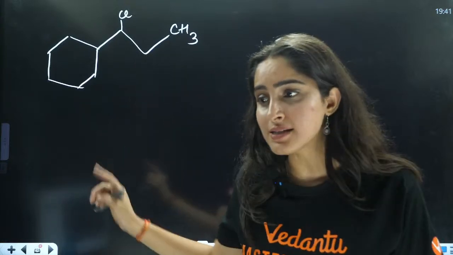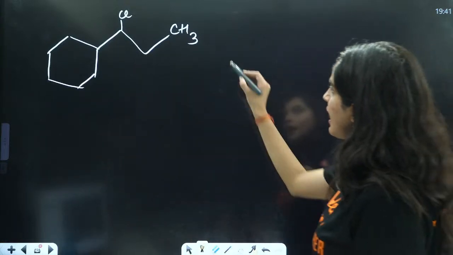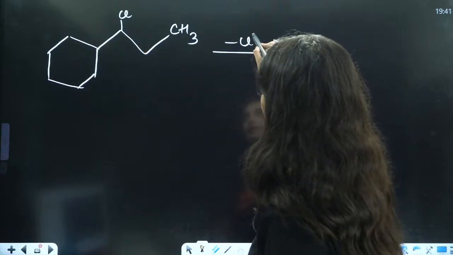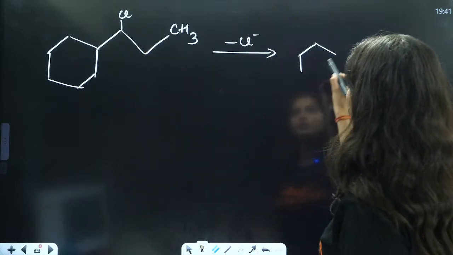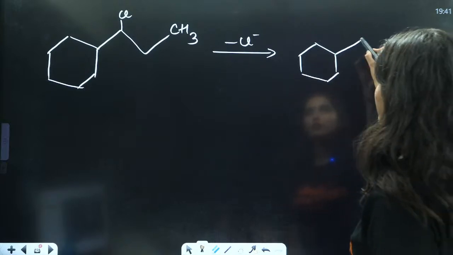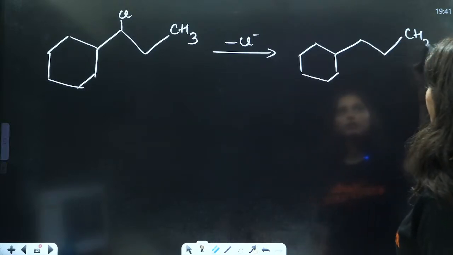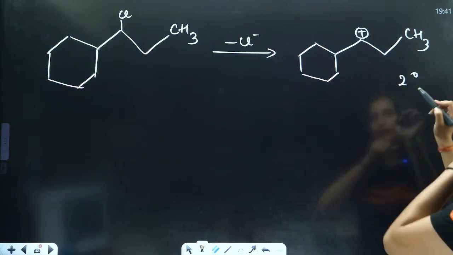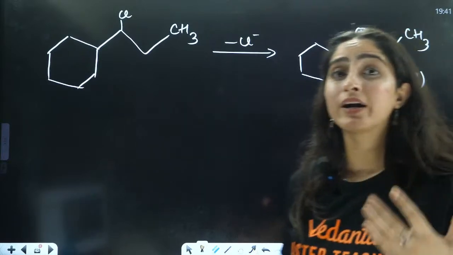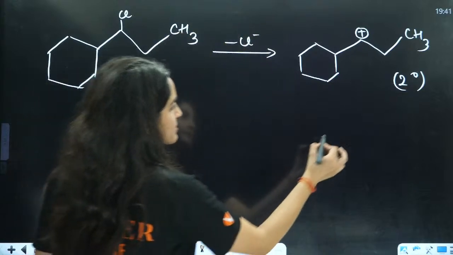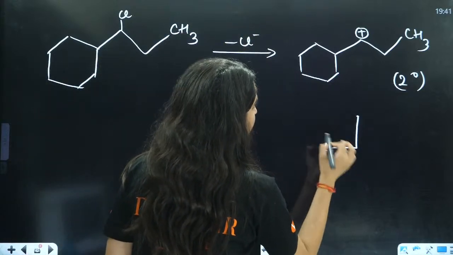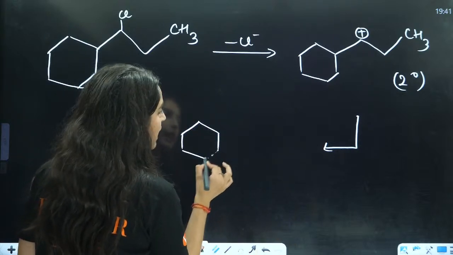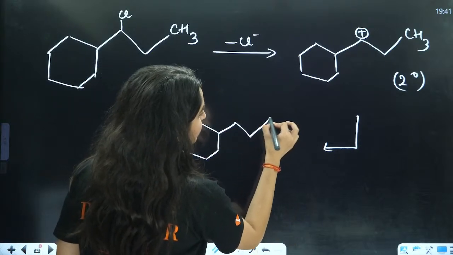Now, as you can see, firstly carbocation will be formed. So that means this Cl negative will eliminate, and hence you will have the formation of this carbocation. But this is a 2-degree carbocation. Can I convert it into a 3-degree carbocation? Yes. By rearrangement, by hydride shift, I can convert it into this kind of carbocation.